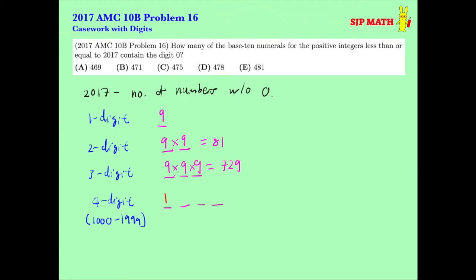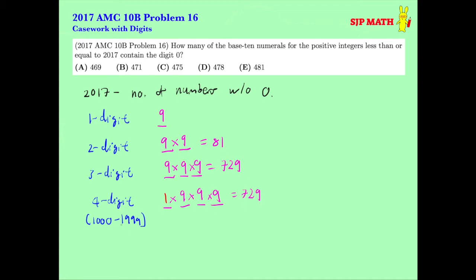That'll just be 9, 9, 9 again, like the 3-digit case, because we're just looking for 3 digits that don't have a 0, and we already have the answer to that. So 729 for this case too.